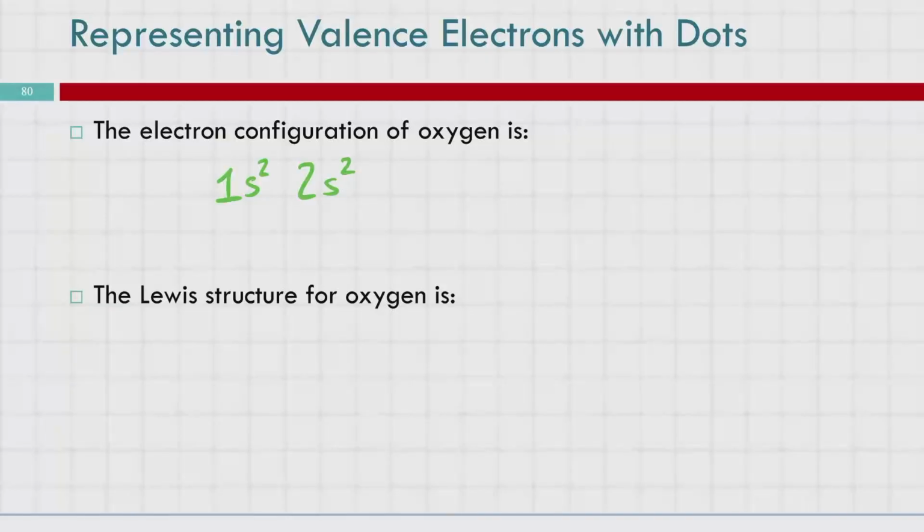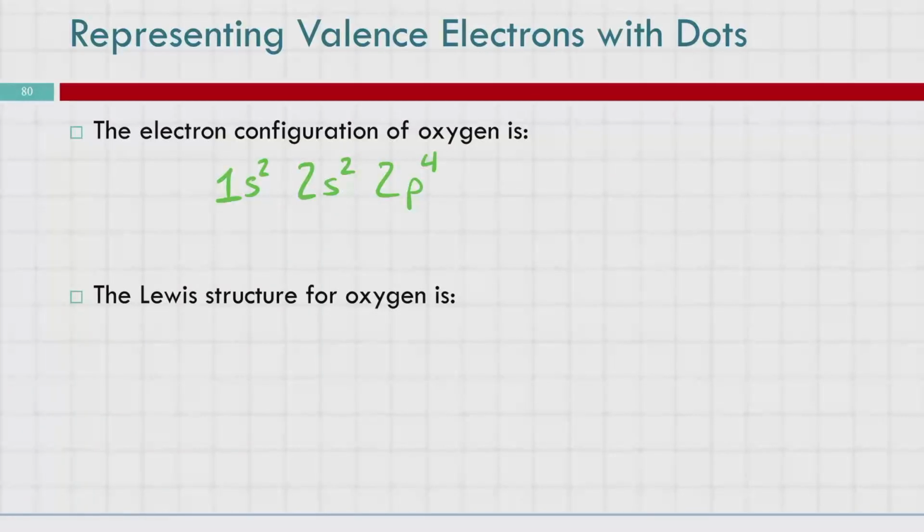Since we're past both of our 2 columns in our S block, we've got 2s2. And oxygen's in the 4th spot, row 2 in the P block, so it's 2p4. P block, so this right side, it's the 1, 2, 3, 4th spot, row 2, so it's 2p4.